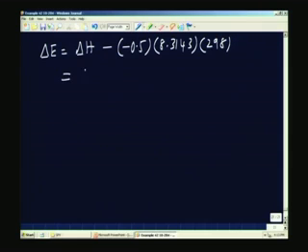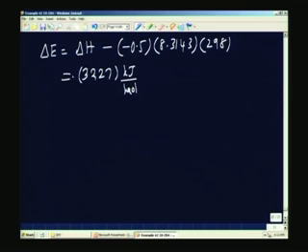Delta H, because we are burning benzoic acid, the heating value is already given to us as 3227 kilojoules per mole.